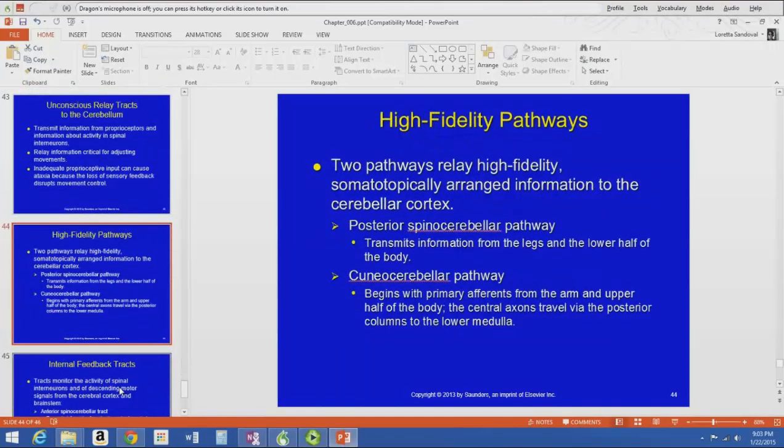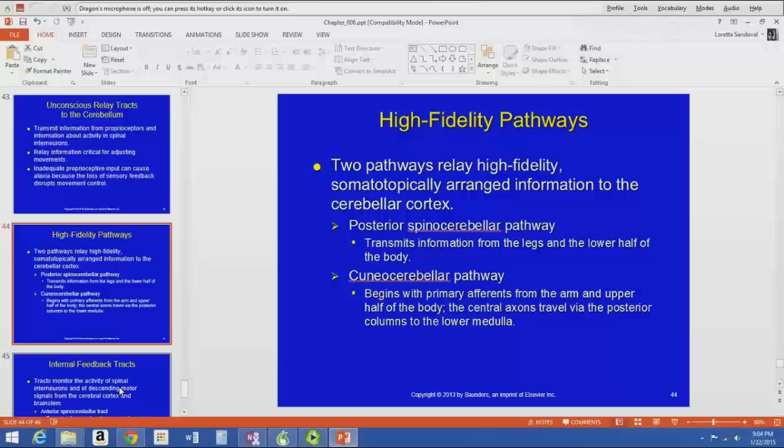Okay, in the unconscious relay tracts, we have some high fidelity pathways that relay high fidelity, somatotopically arranged information to the cerebellar cortex. That makes sense, right? Because if the cerebellum is going to do automatic adjustments to our posture, it has to know exactly where that information is coming from.